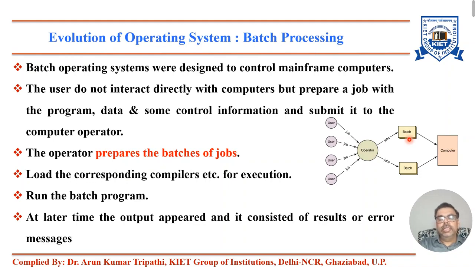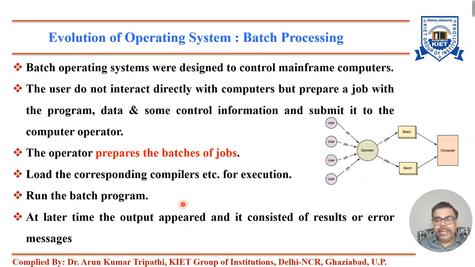That means firstly it will execute all the Java programs, then it will execute the C programs. Later, the output appears, consisting of the result or the error message, and it will be handed over to the end user.